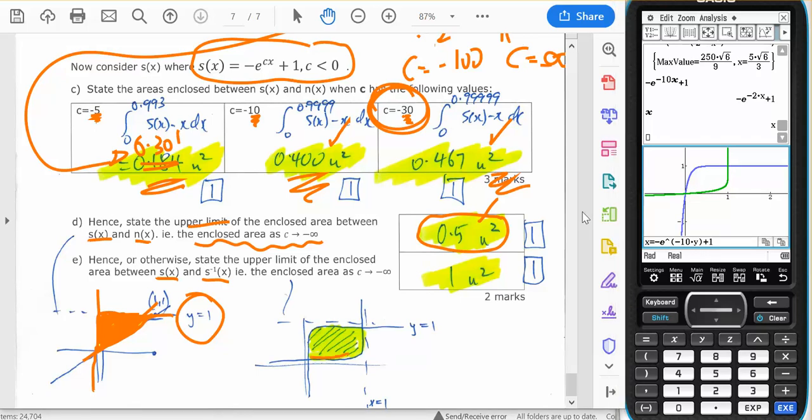So in actual fact, this is my inverse, and this is the function. And as c gets smaller and smaller, these curves are going to hug the y-axis and the asymptote and the x-axis, and this area is going to approach the rectangle, which is 1 unit across and 1 unit down, or the area is going to approach 1.